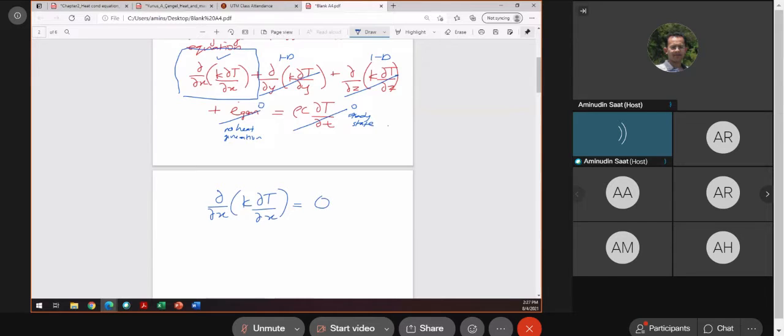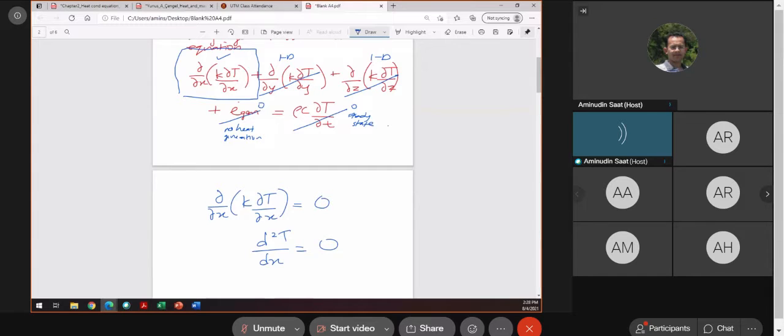But because this is the only parameter available in the equation, you change this to the normal derivative, normal differentiation, and this will become d squared T over dx squared equals to 0.